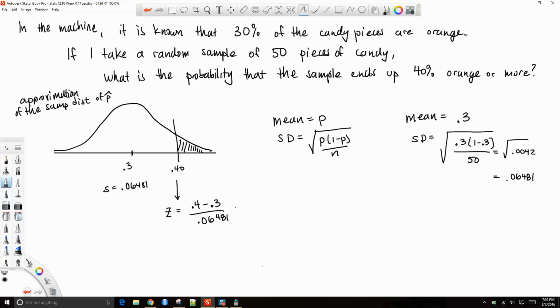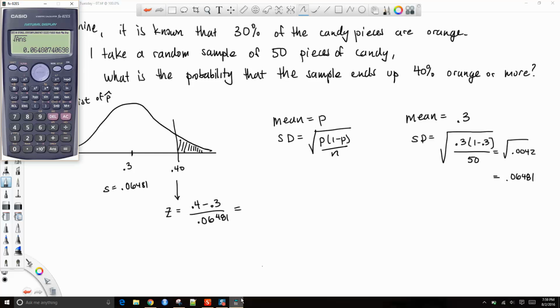When I punch this into the calculator, 0.4 minus 0.3 is 0.1. I divide this by 0.06481, and I get 1.54.